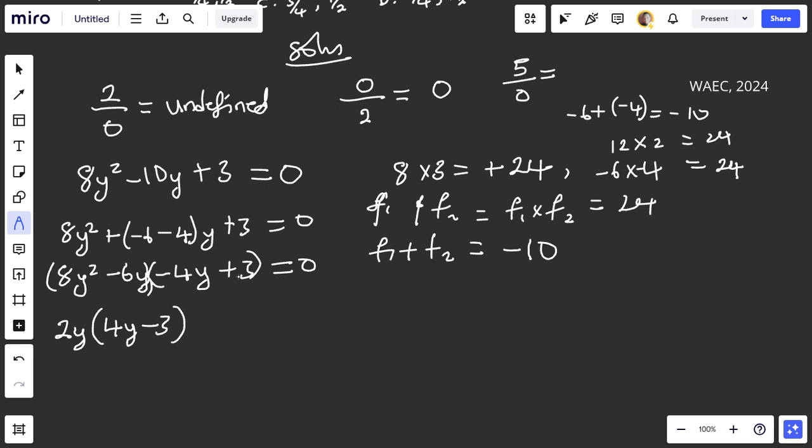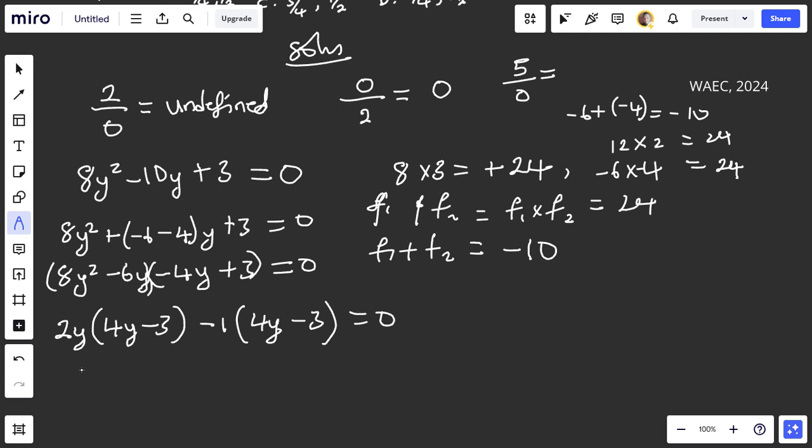Between minus 4y and plus 3, you can factor out minus 1, which leaves 4y minus 3. Since we have these two brackets that are the same, you can factor them out.